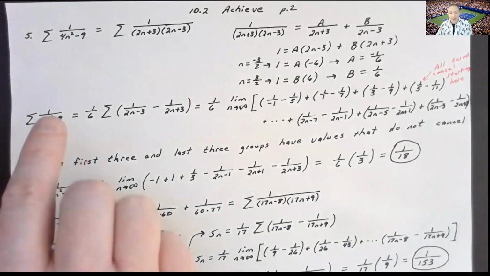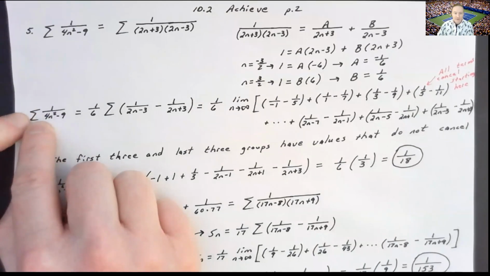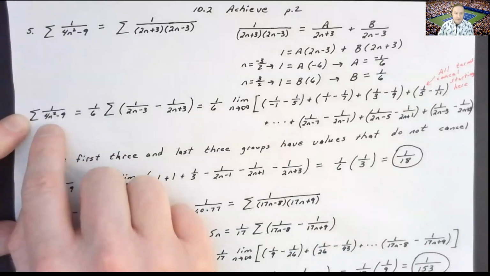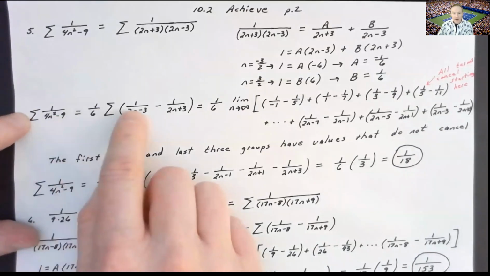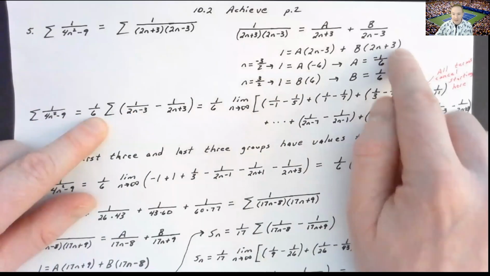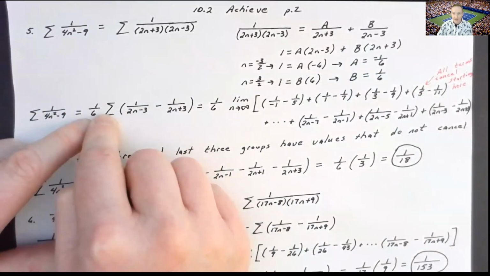So now I go back to my original problem and I can say, all right, then this series of n equals 1 to infinity of 1 over 4n squared minus n is equal to, now what I've done, since both of these had a 1/6 in it, I went ahead and factored that 1/6 out.